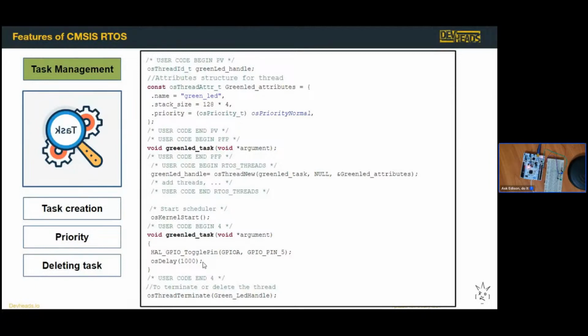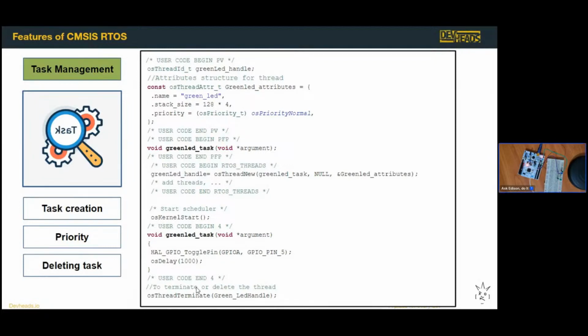The OS delay translates somewhat differently to HAL delay. So when you use the OS delay, this will tell the scheduler that this task is pending for maybe 1 second. So the scheduler will use that time to run another task.